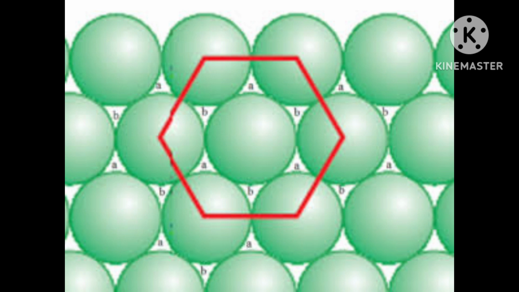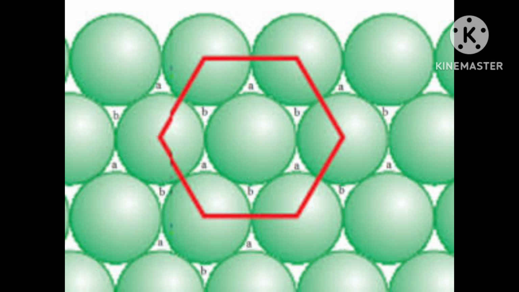In the middle 1 sphere is there and it is surrounded by 4. That is called square close packing. And in the other case, 6 spheres are arranged surrounding one. That is called hexagonal close packing.